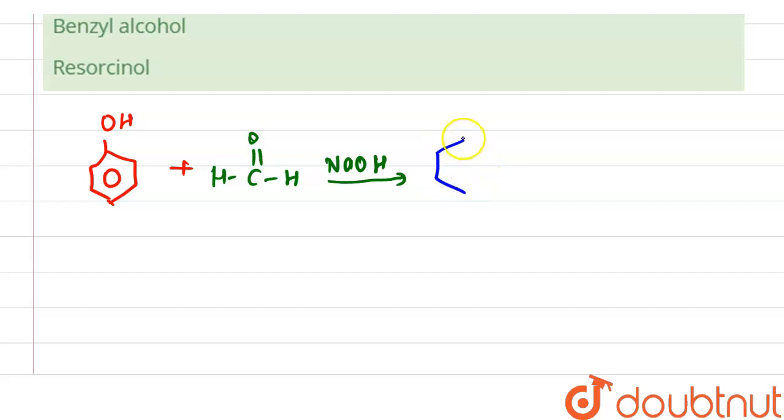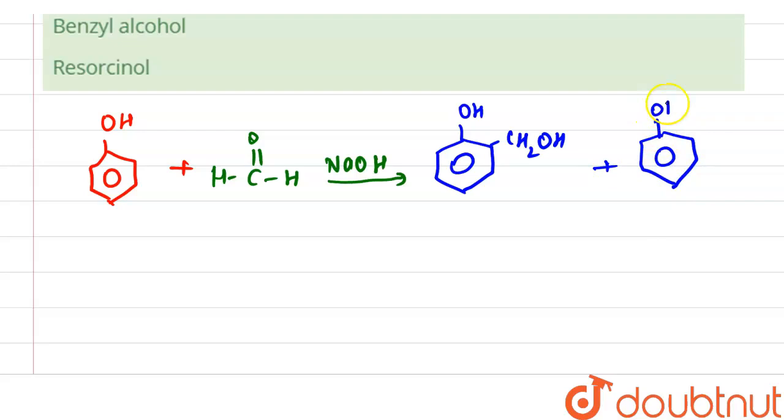It will give ortho-hydroxy alcohol plus para-hydroxy alcohol as the major product. This reaction can occur in acidic medium as well as in alkali medium. Let us see the mechanism for this reaction.